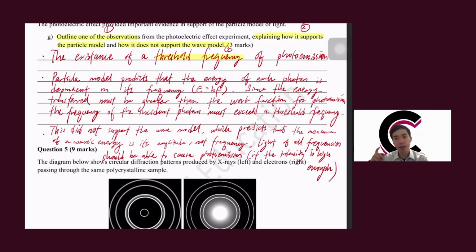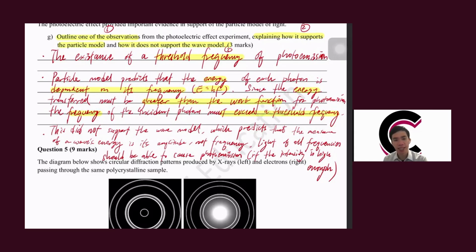For example, first thing, threshold frequency exists for photo emission. That's the first point. This supports the particle model because you must talk about E equals hf, right? Energy depends on frequency. And so you must have an energy greater than the work function, so the frequency must exceed the threshold frequency.